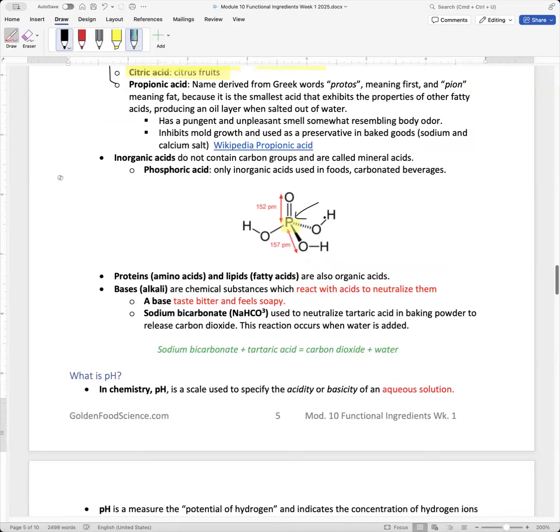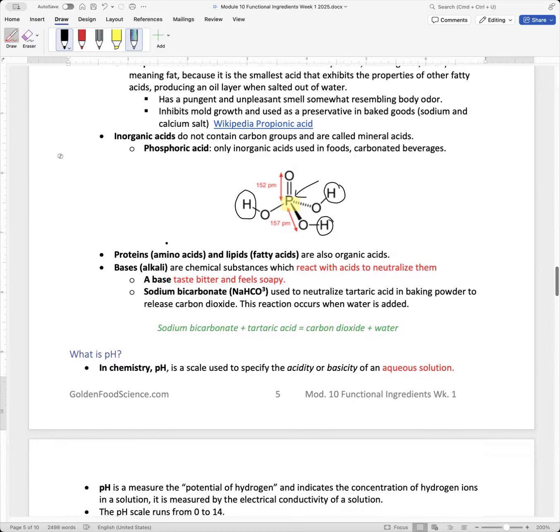That's what that P is. These are oxygens and hydrogens. And look at all these wandering hydrogens out here. So inorganic acids dissociate more readily than organic acids, so they're much stronger than organic acids. Some amino acids and some fatty acids are also considered organic acids.